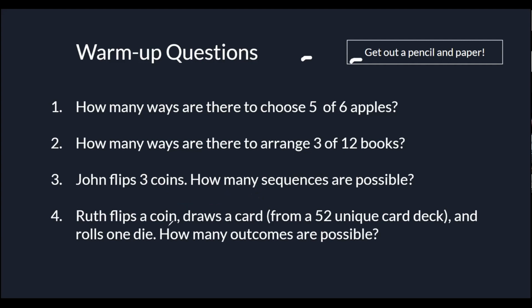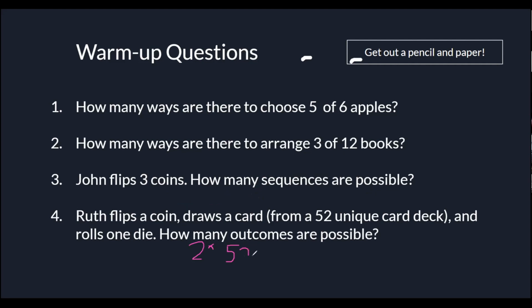And lastly, we have someone flips a coin, draws a card, and rolls one die. How many different outcomes are possible? Jerry, do you want to give this a try? So a coin has two sides, so you multiply by 2.